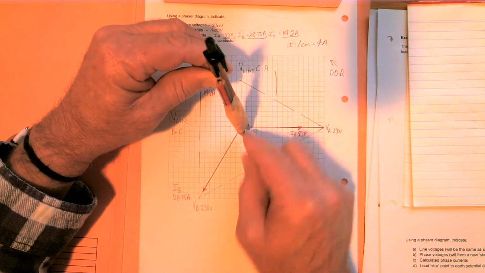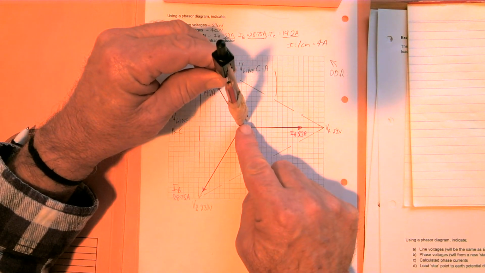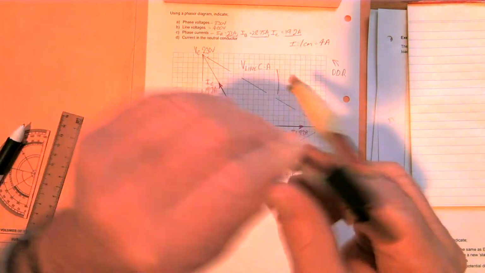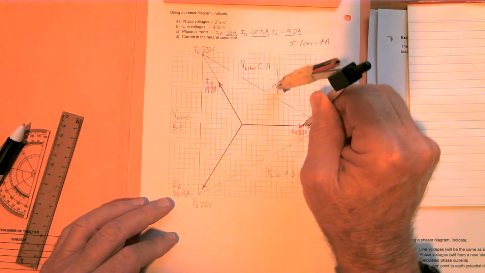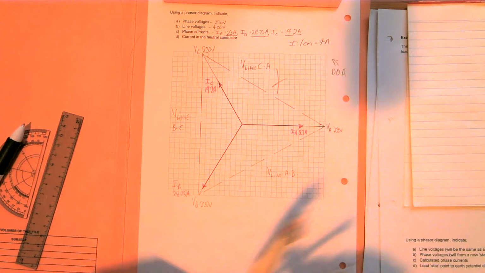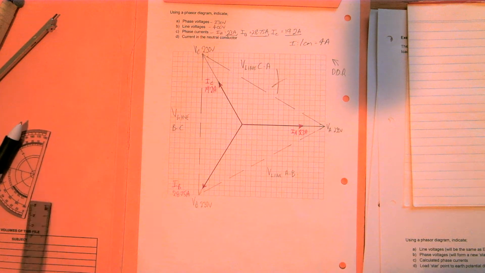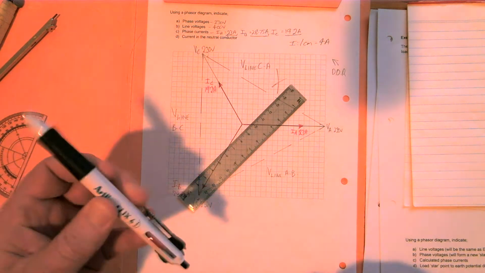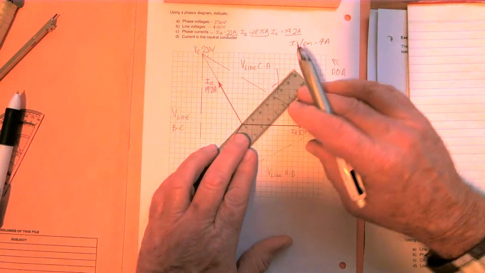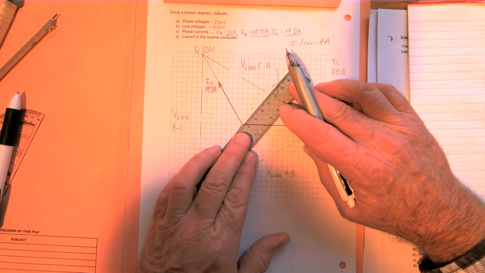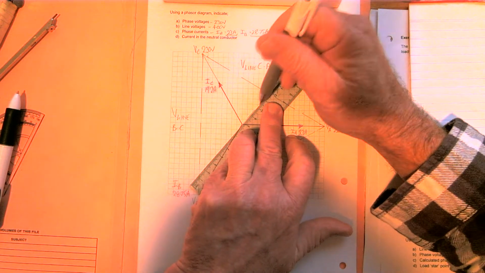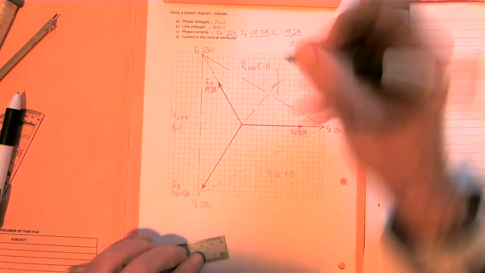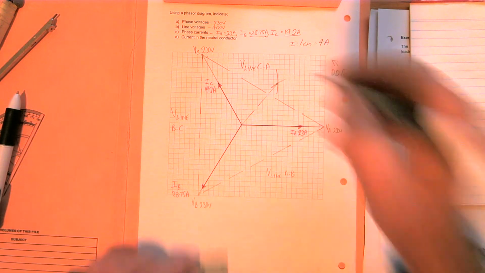Then we get the length of IC, come to the tip of IA and scribe that arc up there. Where the two arcs intersect is going to be the resultant of those two phasors added together, up there at a small angle.